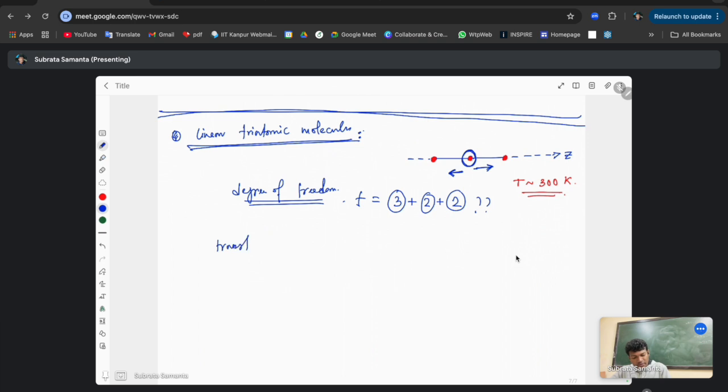For the translation case, I consider only kinetic energy, right? So the molecule has half m v x square, and the second one is also half m v y square, and the third one is also half m v z square. So I can consider the x direction, y direction, and z direction.